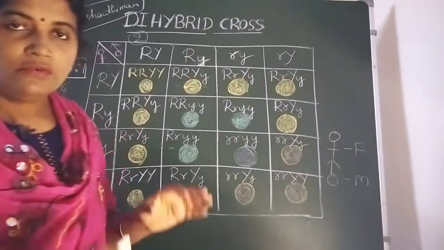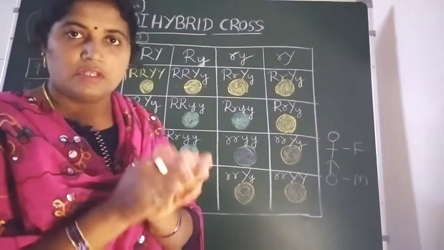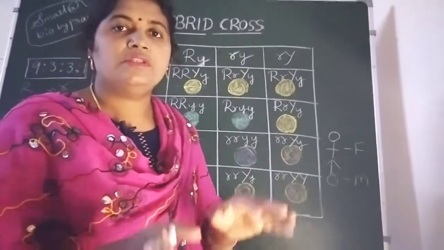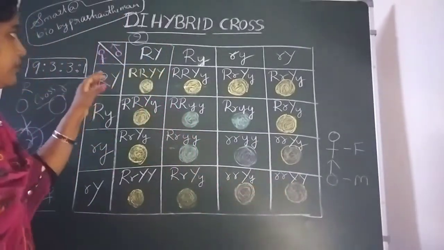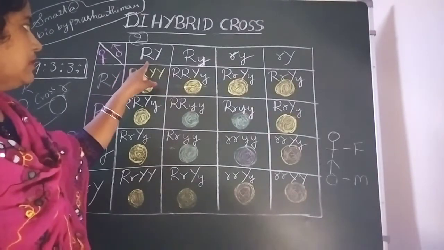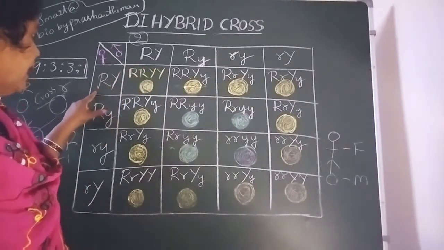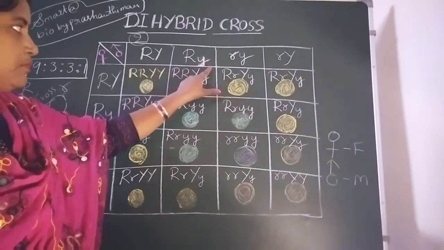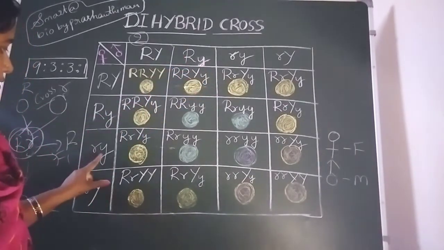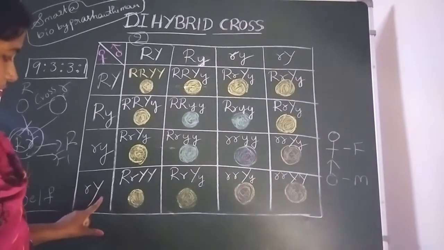So the pollination is done between the male and female. Here capital RY, and here also capital RY, capital R and one small y, capital R and one small y, and small r, small y, and small r, capital Y.